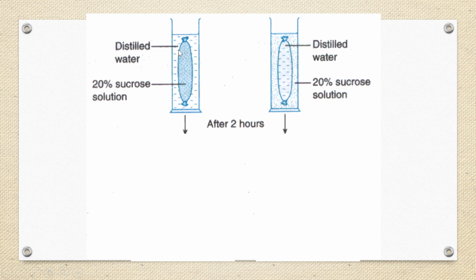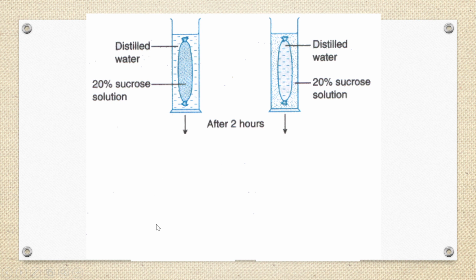Okay, we have already identified this now. So there will be net movement of water molecules from the region of distilled water into the 20% sucrose solution inside this Visking tubing. We know Visking tubing has this selectively permeable membrane, so water will diffuse across it.